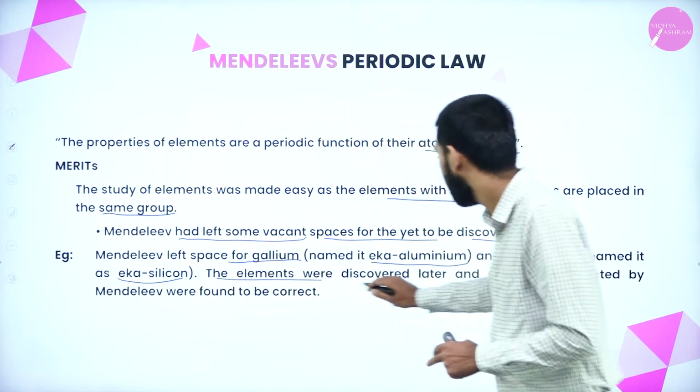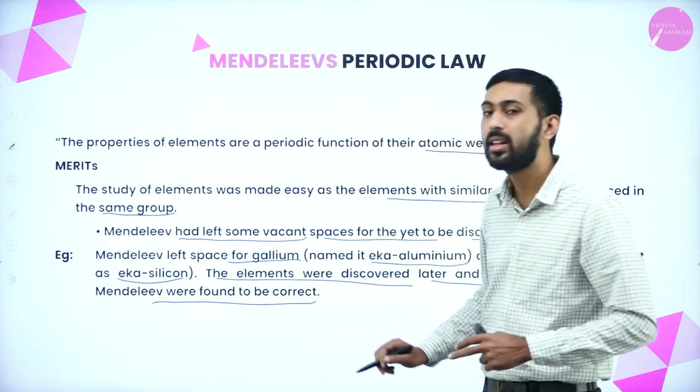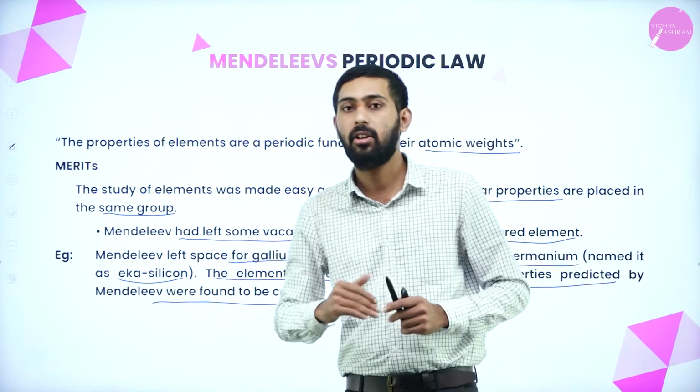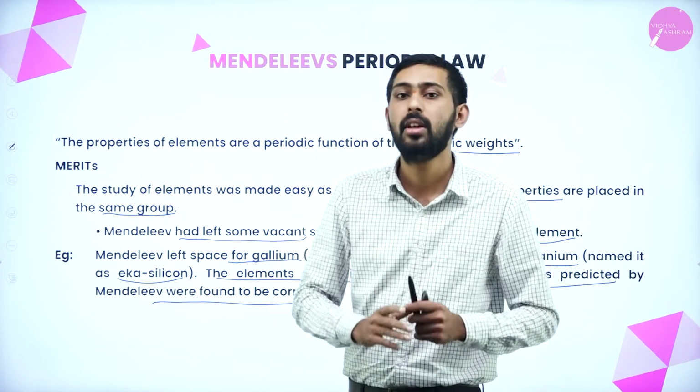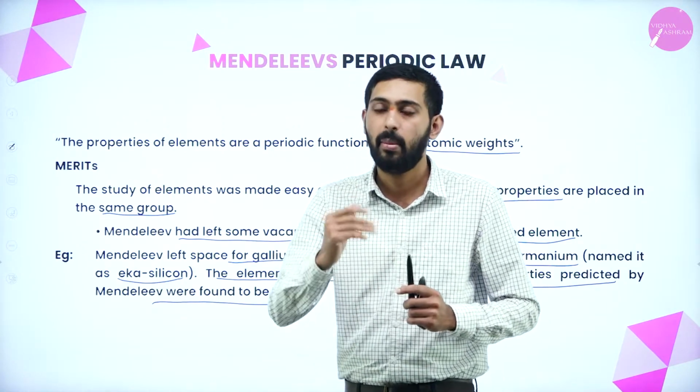The elements were discovered later, and the properties predicted by Mendeleev were found to be correct, both physical and chemical properties.